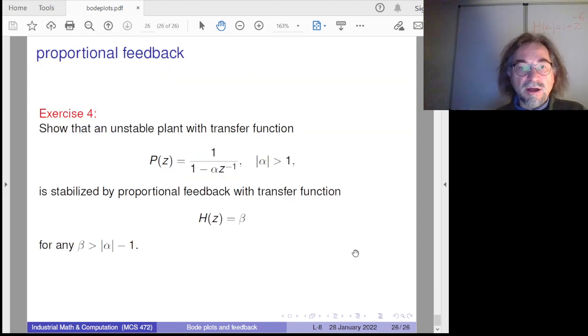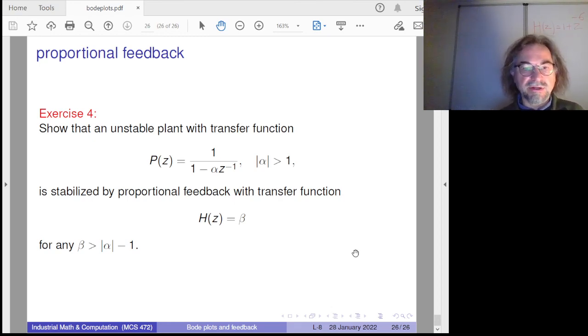Okay, so our last exercise. I'm on my last slide, and this lecture was efficient, so in 40 minutes I am done. We can generalize this. A constant feedback, beta, is computed from the alpha in the denominator coefficient.